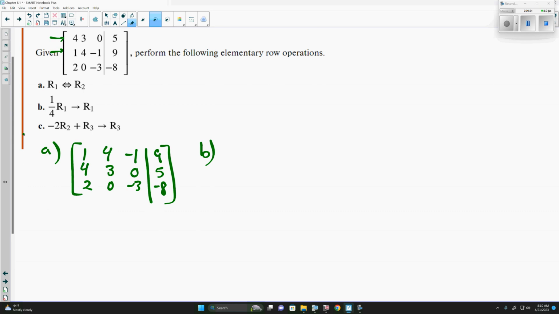B, we're going to multiply row 1 by 1/4 and apply it to row 1. So the first row, every number in this is going to be multiplied by 1/4. Well, 1/4 times 4 is 1. 1/4 times 3 is 3/4. 1/4 times 0 is 0.